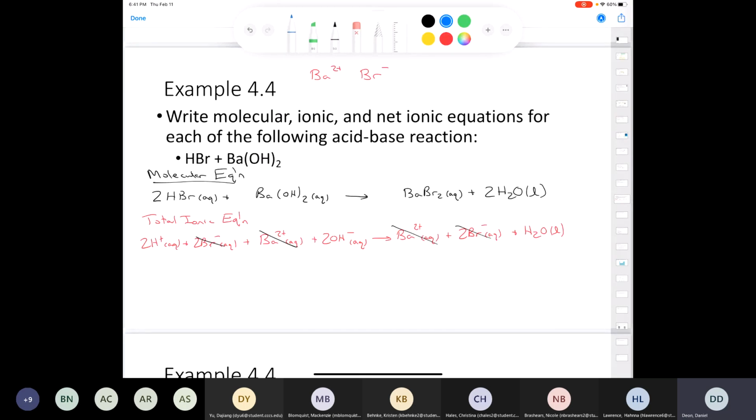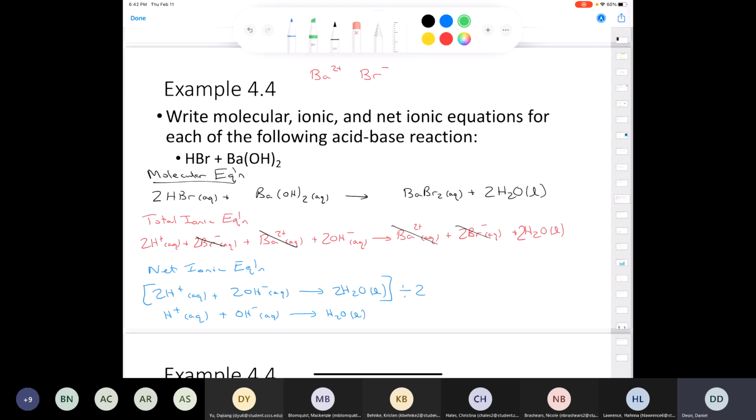They're the same on both sides. So now I can write out my net ionic equation, which is 2 H+ aqueous plus 2 OH- aqueous produces 2, I forgot to put a 2 there, didn't I? 2 H2O liquid. We can simplify that to 1 H+ plus hydroxide produces H2O. Right? All I did was divide all of that by 2.